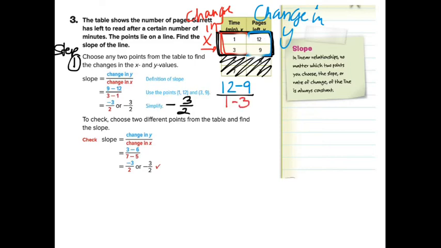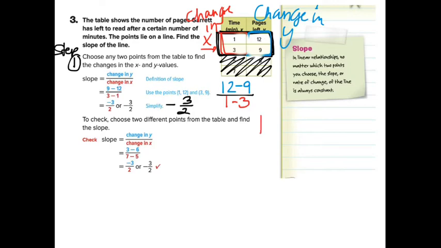So when you pick your two points, it doesn't matter which y you start with on your subtraction problem, but you need to know that if you start with the second y in your numerator, you have to start with the second x in your denominator. You can't pick and choose the order for both. You pick the order and you stick with that order. So if you start with the first y, it's the first y minus the second y over the first x minus the second x.